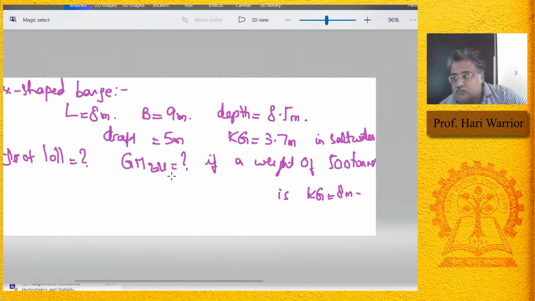So not 369. 3690 tons. 3690 tons is the initial weight of the ship. So you have the initial weight of the ship.